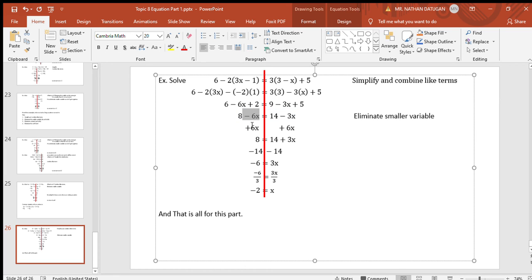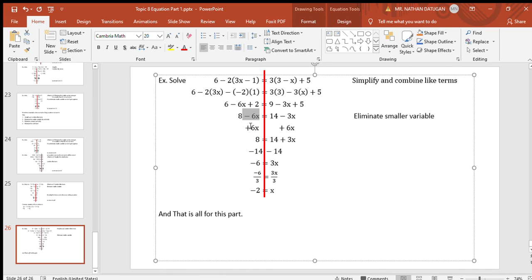So we're going to ask, how do we undo negative 6x? How do we move any term from the left side to the right side or the right side to the left side? We undo it. We do the opposite operation. In this case, we're subtracting 6x. So what undoes subtraction? Addition.